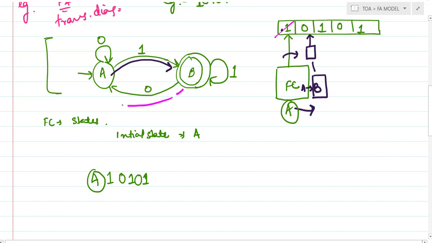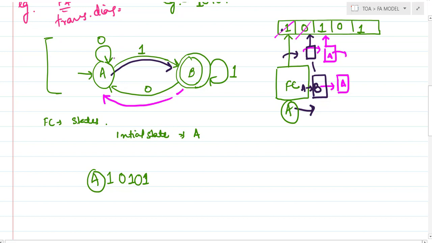So it will show a transition to state A. There is a change in state from B to A. Once this is read, the read head will move one step forward. So now the read head is over here. Again you have A, and then at A it reads symbol 1. So what will it do? It will change state. You can see it from the diagram.